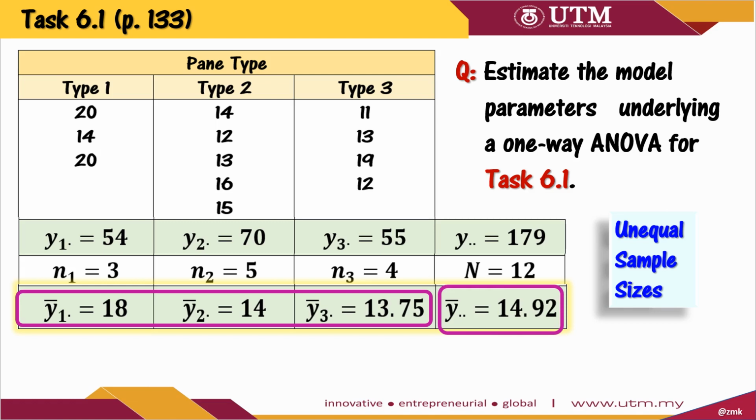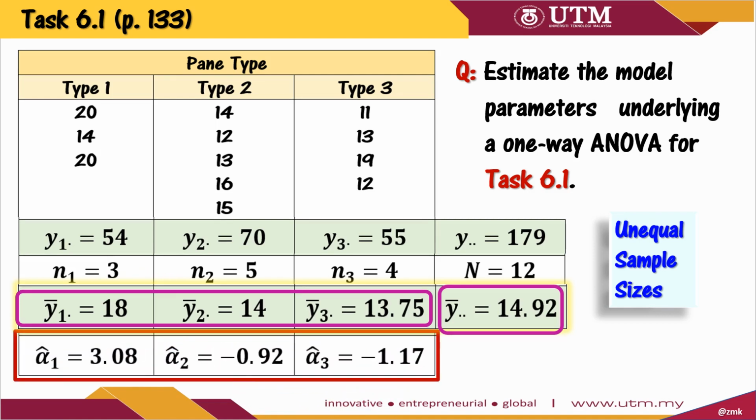Finally, by taking the difference between the estimated level means and the estimated grand mean, you will get the estimated level effects given as follows, where paint of type 1 has an indication of positive effect on the amount of heat loss, whereas paint of type 2 and 3 have a negative effect on the amount of heat loss.